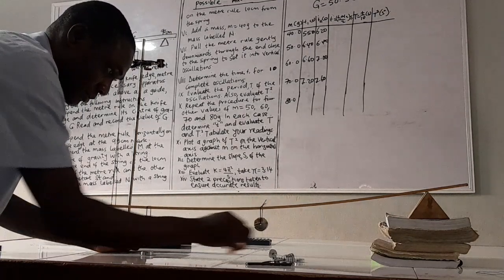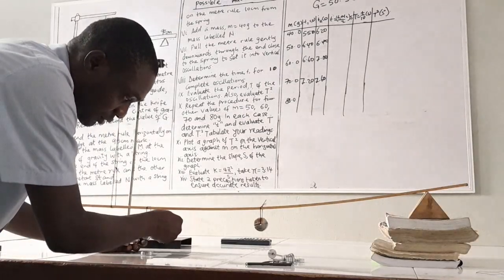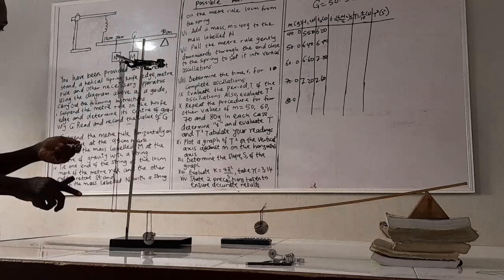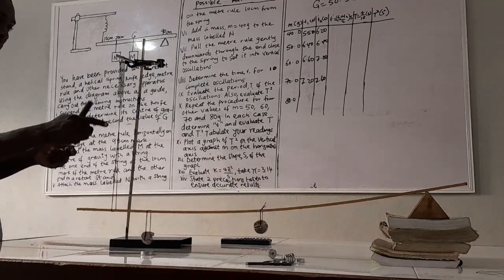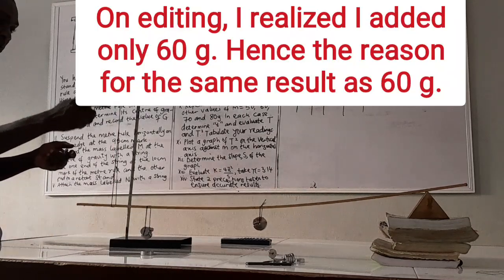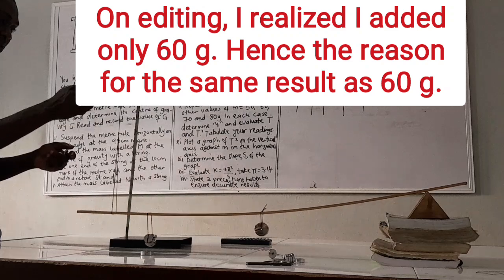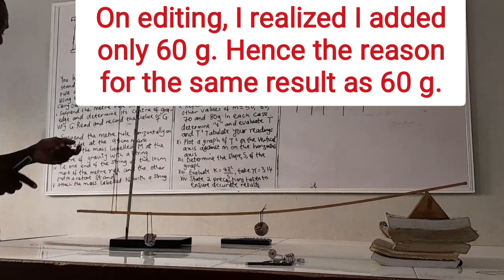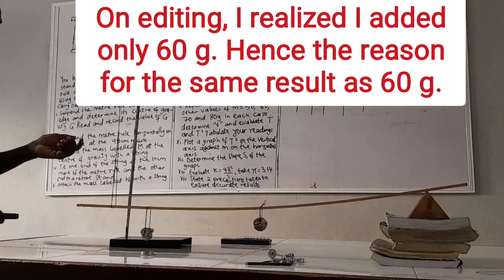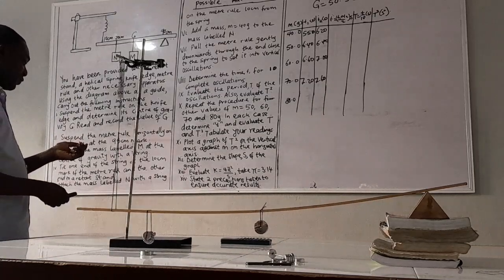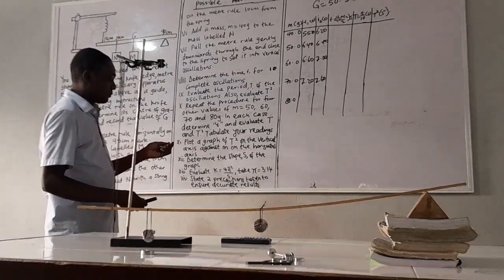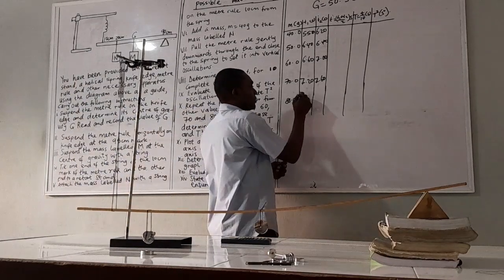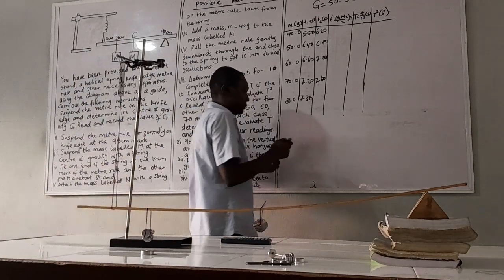Now add another one to make it 80. 1, 2, 3, 4, 5, 6, 7, 8, 9, 10. So I have 7.40, 7.30.